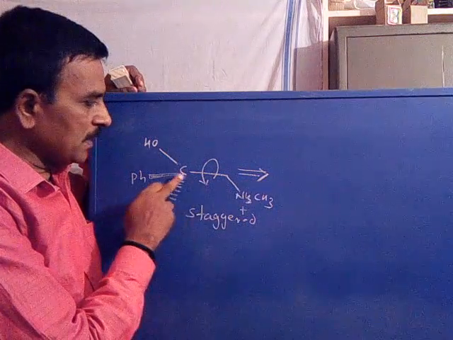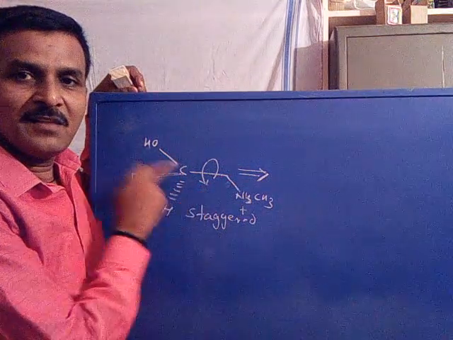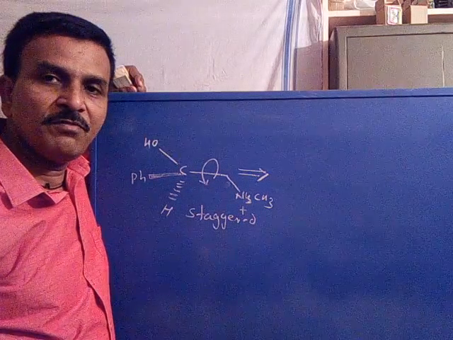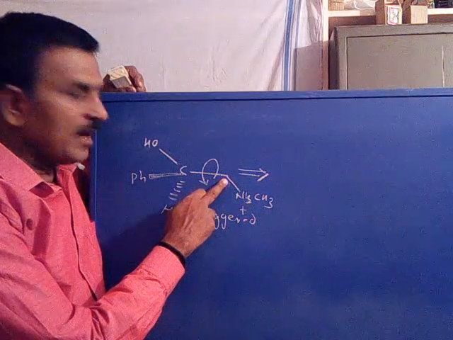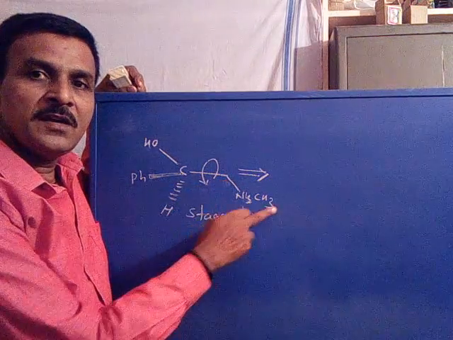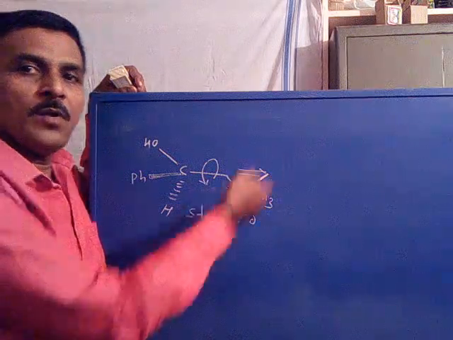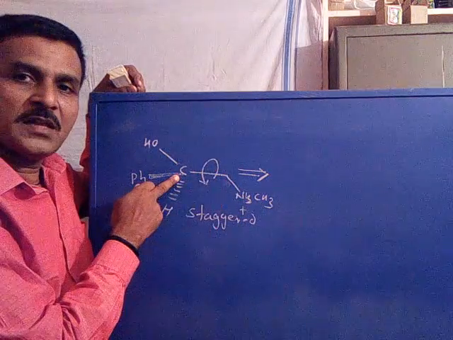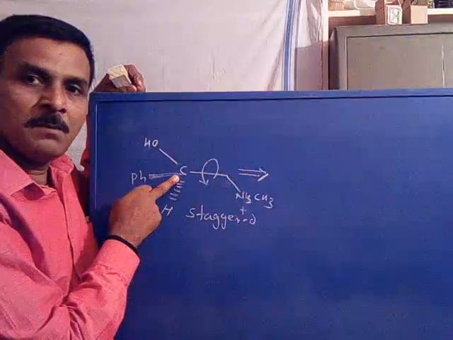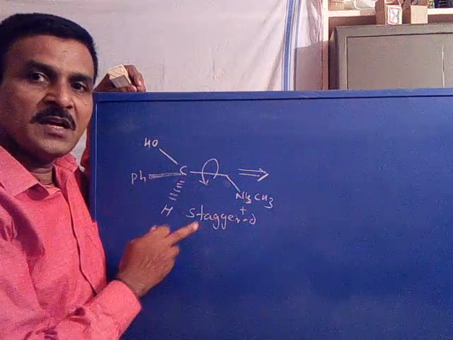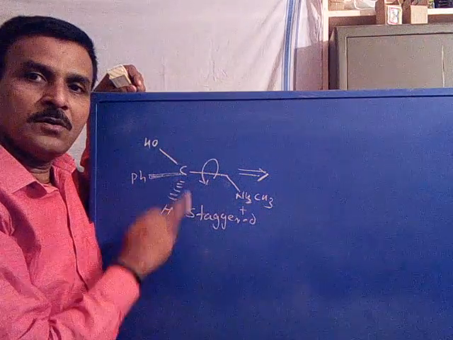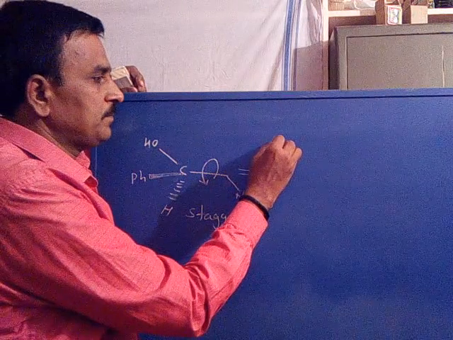You see, the carbon single bond is a flexible bond. Due to the presence of the flexible bond, one carbon along with its attached groups may rotate with respect to the second carbon, leading to a change in conformation from staggered to eclipsed.